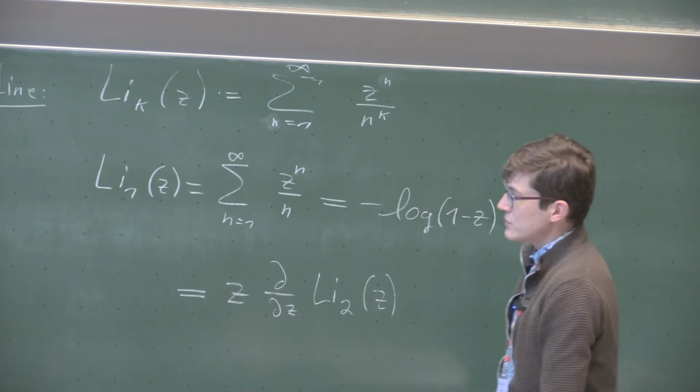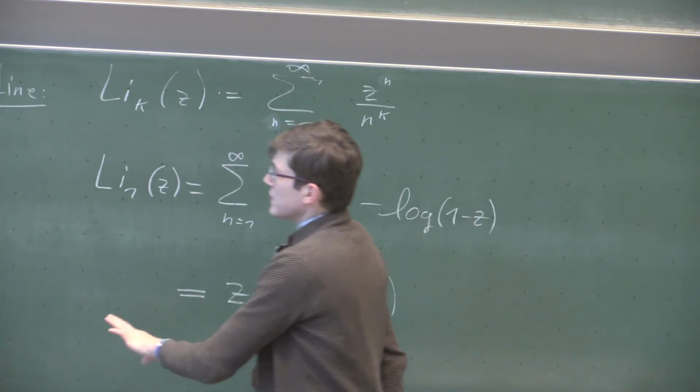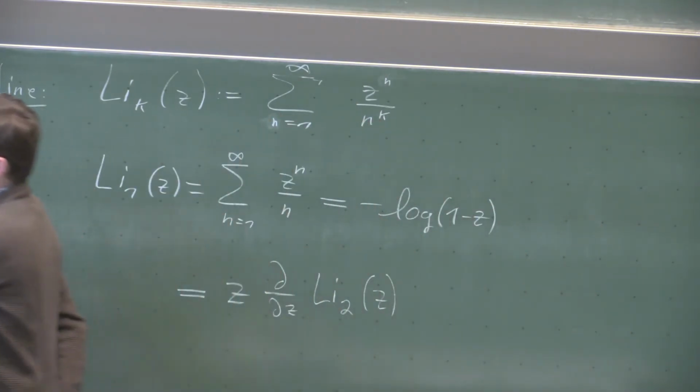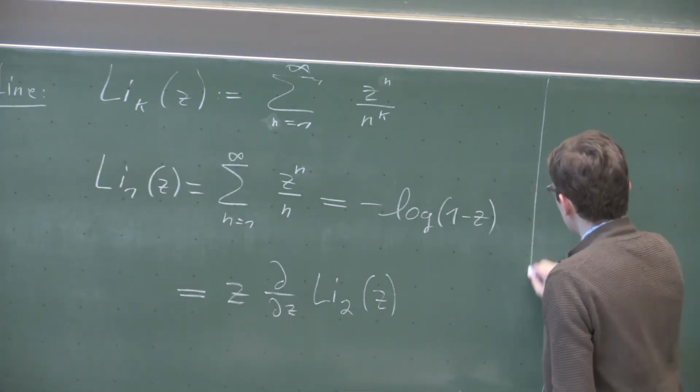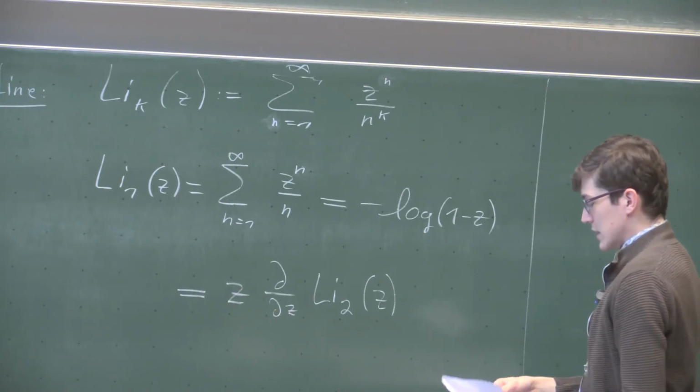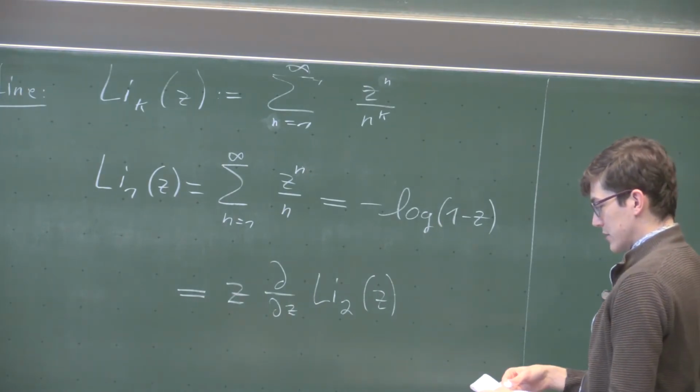So all you have to do is rewrite this thing such that, well, your given variable is this x plus z here, so this should play the role of z. So somehow you want to rewrite everything in terms of Li_1, where you have x plus z in the argument, or something proportional to it. And of course, that's not very difficult. I did the homework myself, so I'll give you the answer.